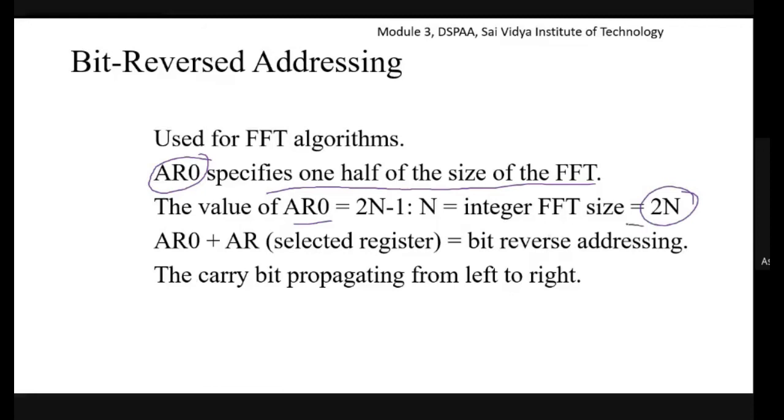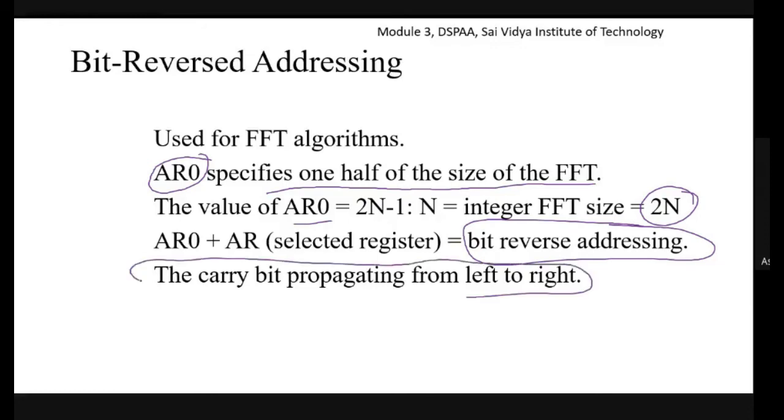Here we perform the bit reversed addressing, addition or subtraction, depending upon the instruction. We carry the carry bit propagated from left to right. I hope all my students know the reverse carry add operation, which I taught in the last session. The reverse carry subtract operation I will teach you today.